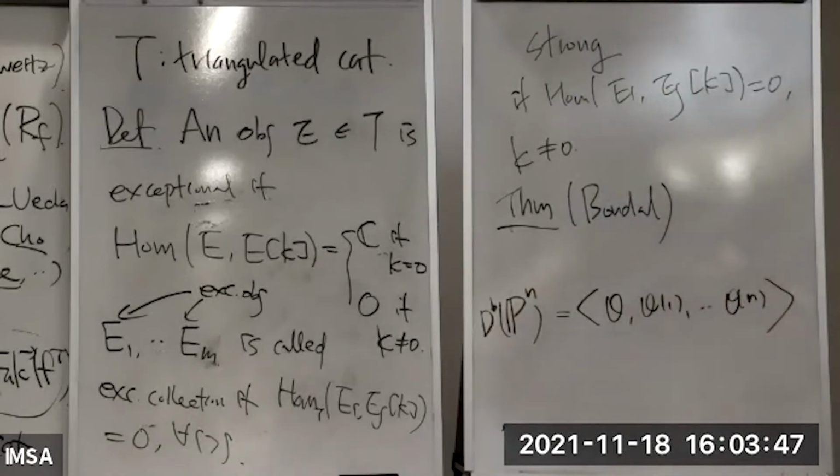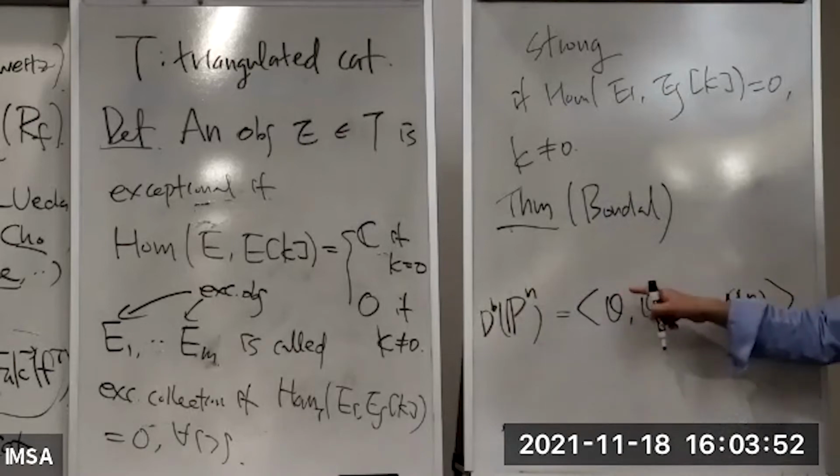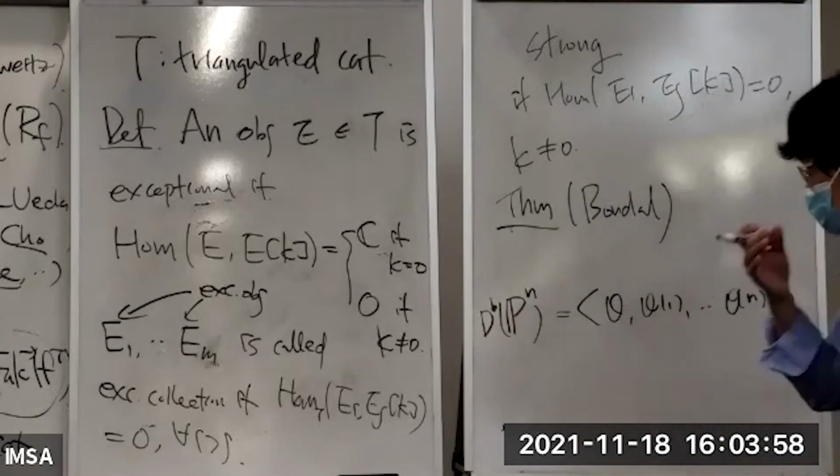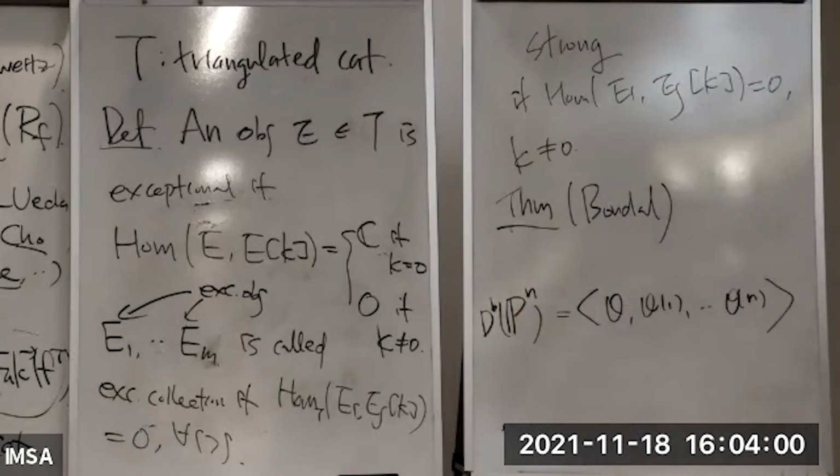This is a strong exceptional collection because there can be Hom from here to here, but if I shift, there's no Hom. I'm a little confused because it seems to me that the strong condition is less strong than the.